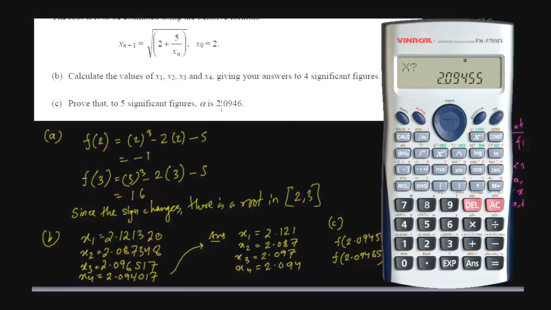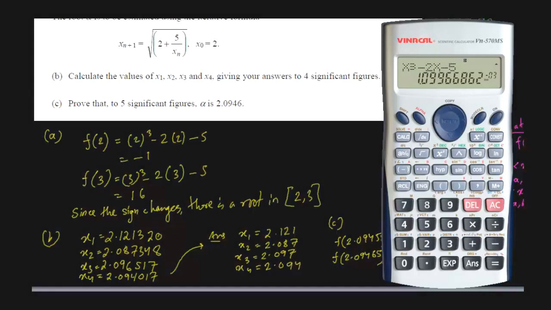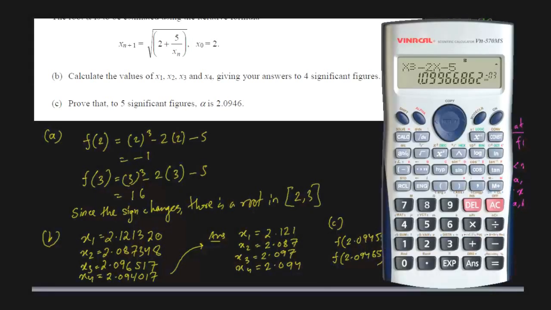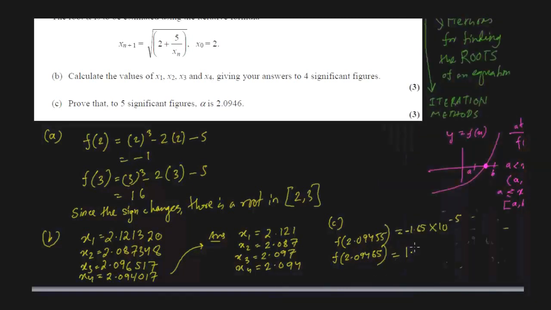This time we want to put 2.094, and instead of 60 we write 65; we add 5 to it. So we get 1.0996, so we can write 1.1 to be very simple, times 10 to the power minus 3.